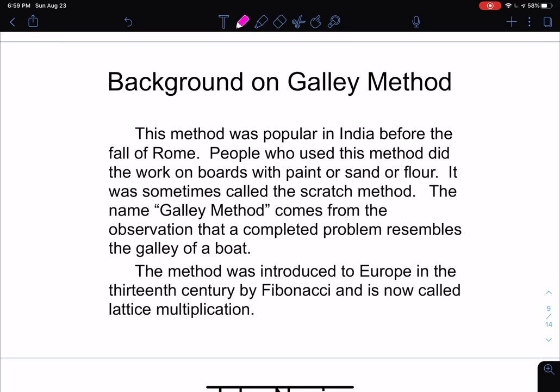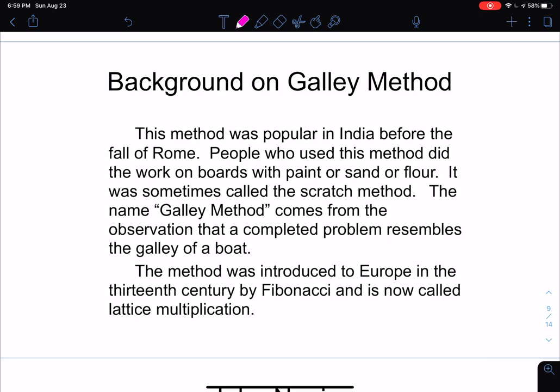So it's sometimes called the scratch method, but it also became the galley method from it looking like the galley of a boat, like if you took a boat and chopped it in half, looking at the galley from the side. That's a similar shape, with the rectangles and the little diagonals through them. The method was introduced to Europe in the 13th century by a man named Fibonacci, and is now called lattice multiplication.